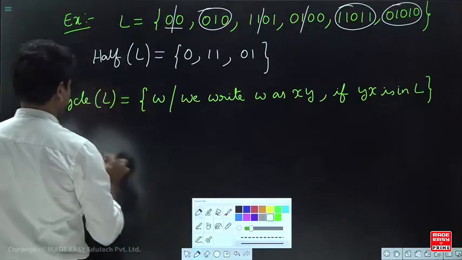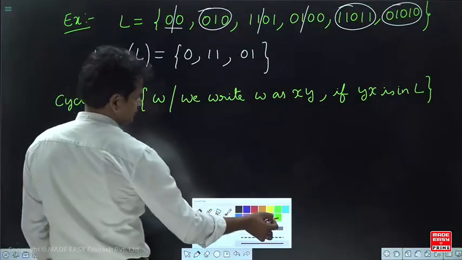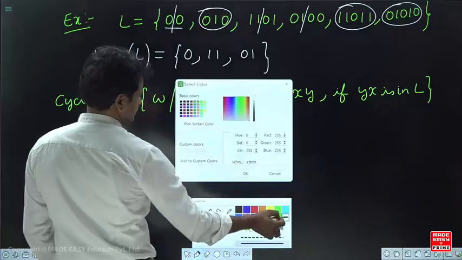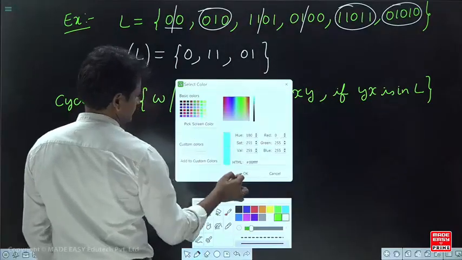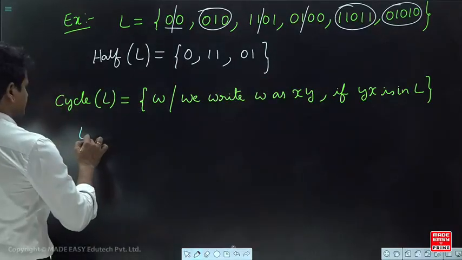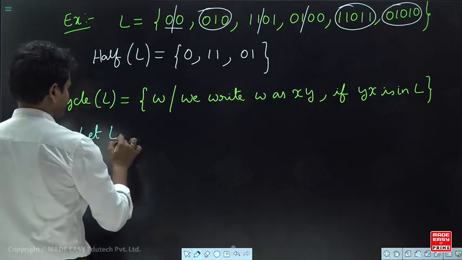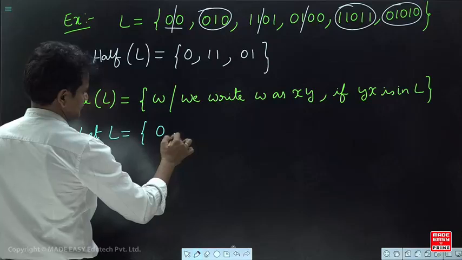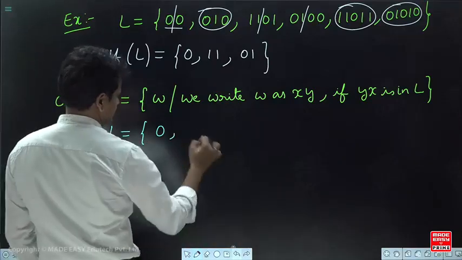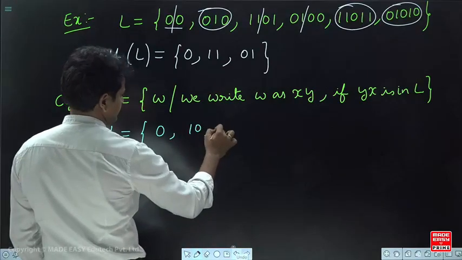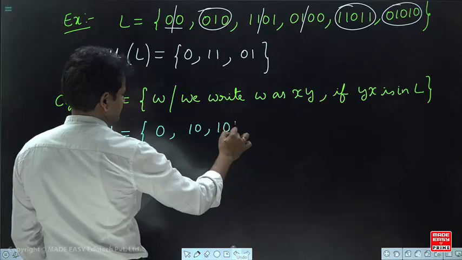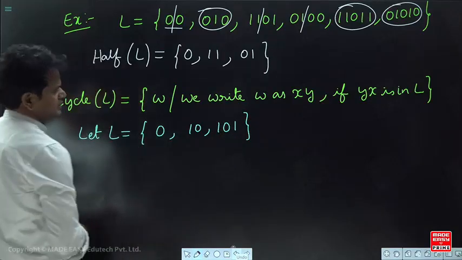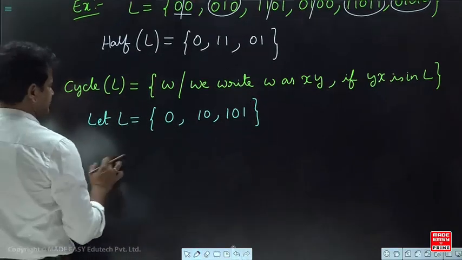Now look at this one. Let L equal to, a very simple one I give, 0, 1 0 1, 0 1. Only 3 strings I have taken.